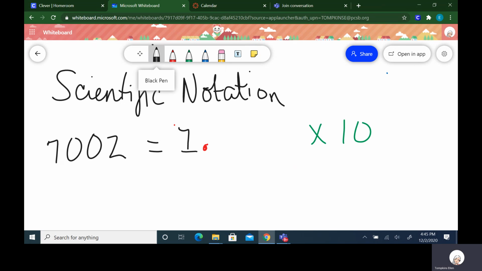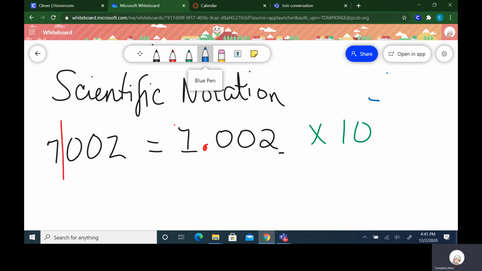I still need to account for that 2 being there, for that 2 to exist. So I have to, in my decimal part of this, put in the 0, 0, 2. And then I can put my 3 back up there. I have to account for that because I cannot change the value. That 2 needs to be included.